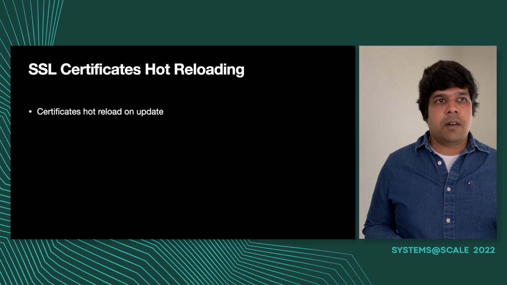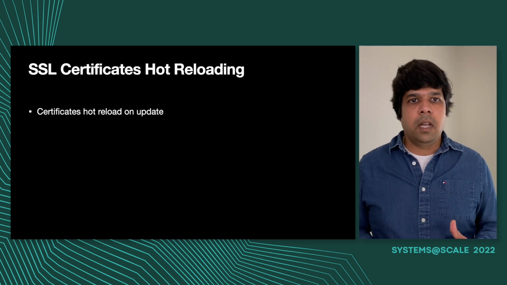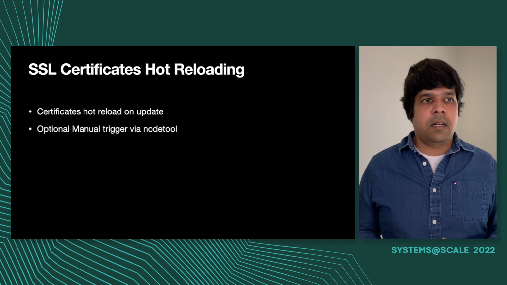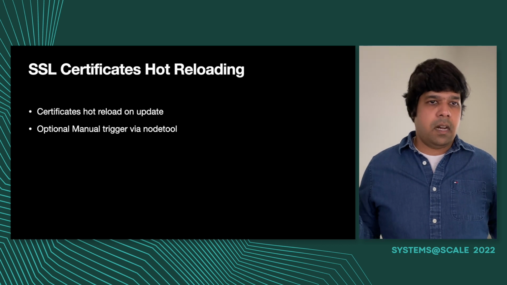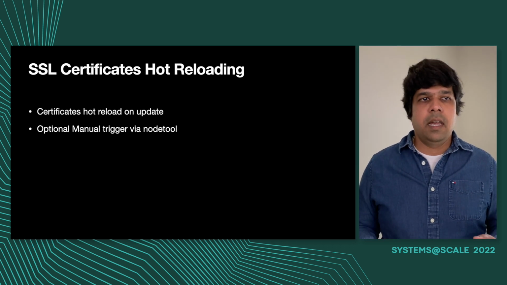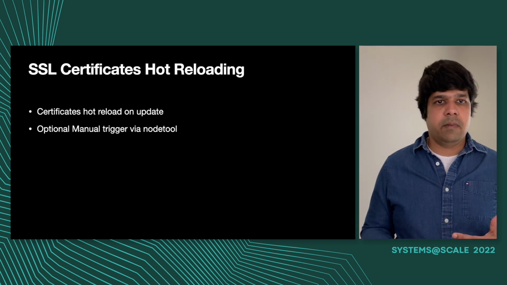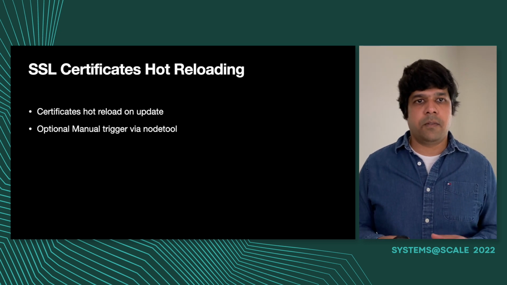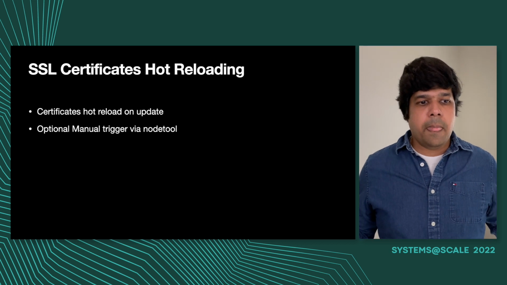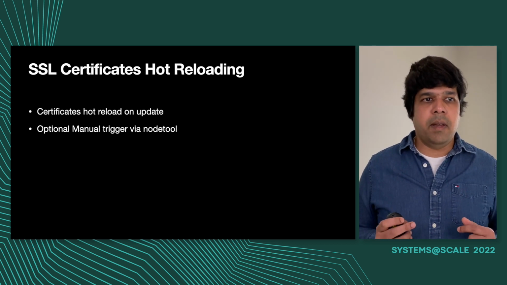And Cassandra brings hot reloading of those SSL certificates. What it essentially means is that the operator can just update the certificates on disk, and Cassandra can pick it up whenever it checks the presence of a new certificate, and it loads that certificate in memory.